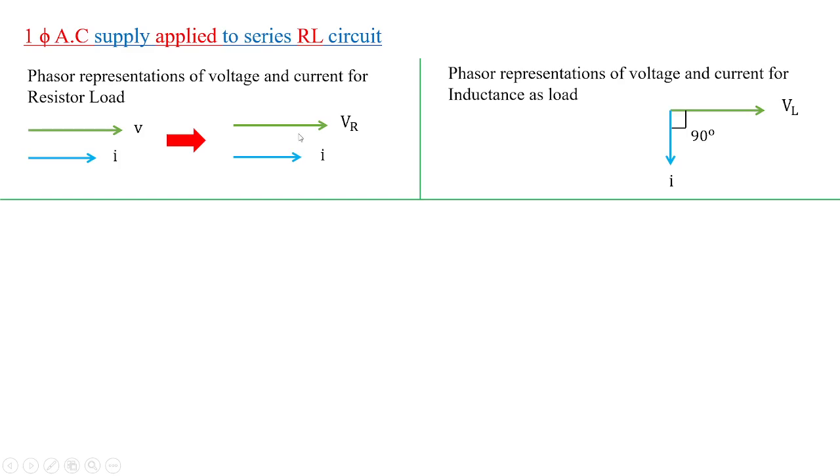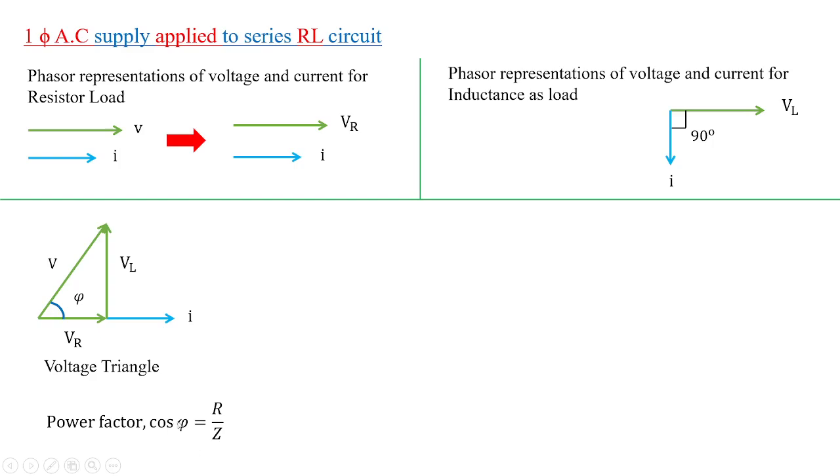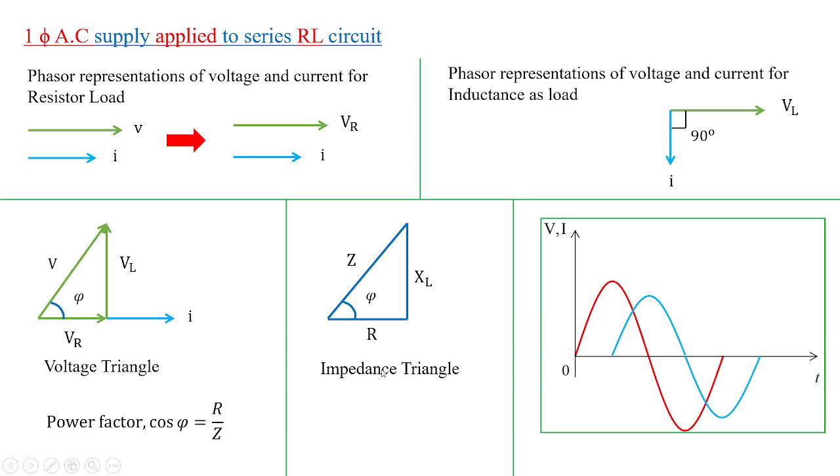We are going to combine this RL and see the resultant, which is shown by this voltage triangle. Then calculating the power factor, which is nothing but the real component divided by the impedance value. The same thing we will apply for the impedance triangle, and we are going to get the waveform for the RL load, which is shown by this diagram.